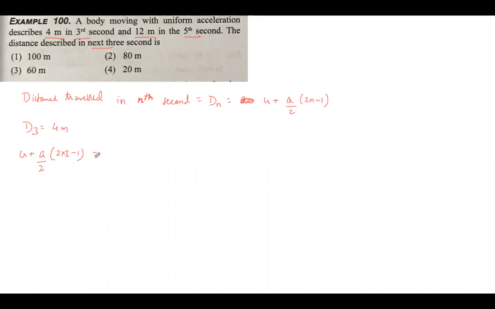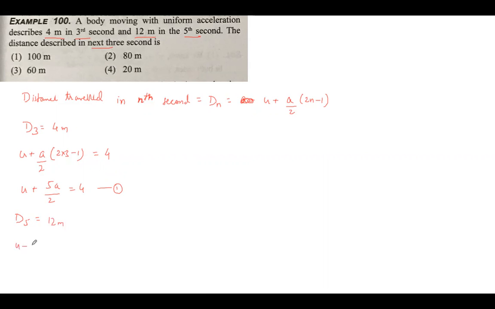चलो कोई नहीं, देखो यहाँ पे कहीं पे आप लोग कुछ कैलकुलेशन मिस्टेक कर रहे होगे, आई एम श्योर। ये 3rd सेकेंड में हम लोग डिस्टेंस ट्रेवल्ड निकाल रहे हैं, दैट इज इक्वल टू 4 मीटर। तो हमारा पहला इक्वेशन हो गया, 6 माइनस 1, 5 हो गया, तो u प्लस 5a अपॉन 2 इज इक्वल टू 4। डिस्टेंस ट्रेवल्ड इन 5th सेकेंड d5 इज इक्वल टू 12 meter.